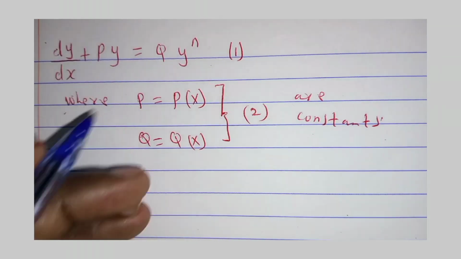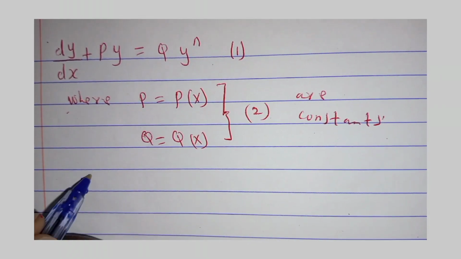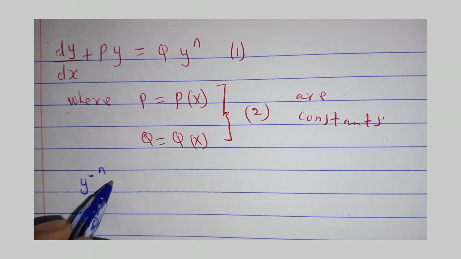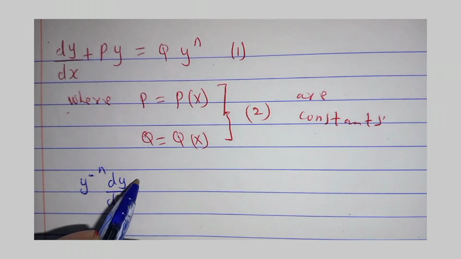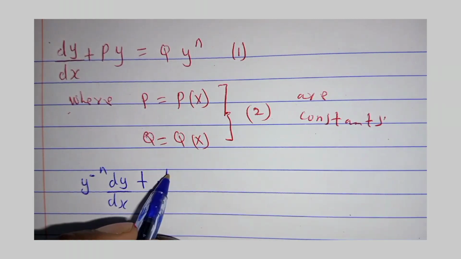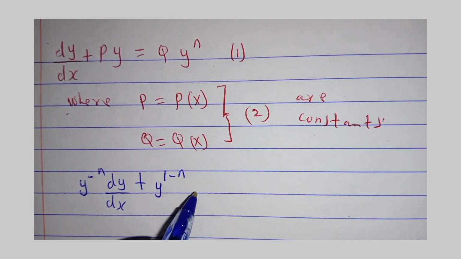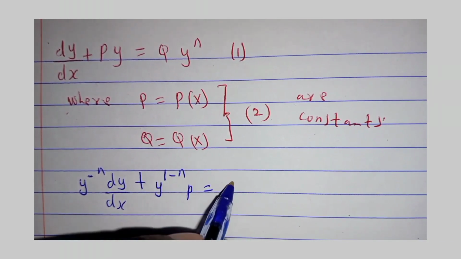So to divide equation 1 by y^n throughout, to get y^(-n) dy/dx plus y^(1-n) p, which is equal to q.